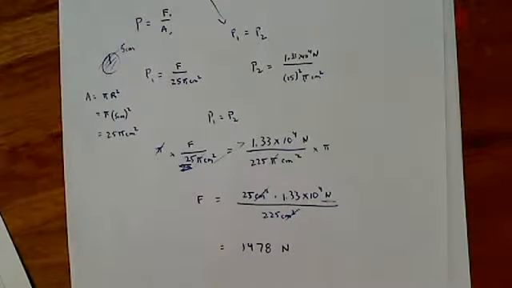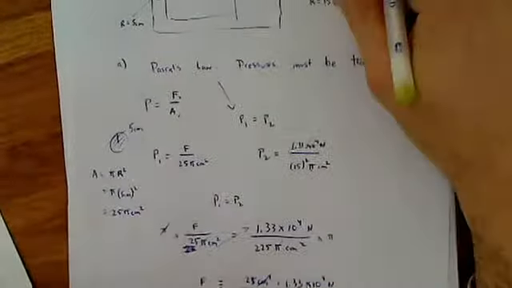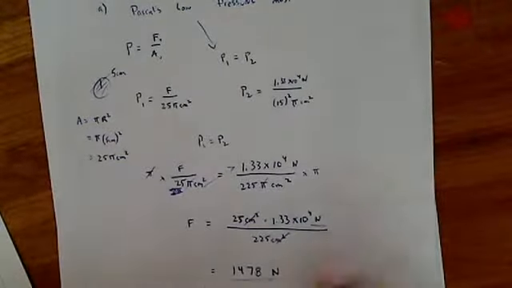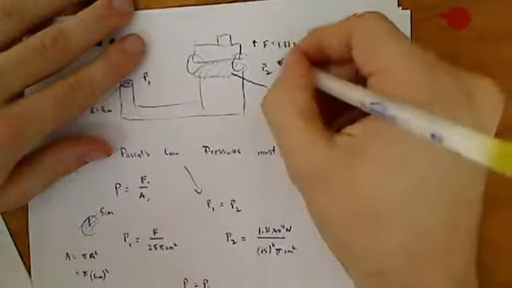All right. Now, this is a very important result. Look what we did. We applied this much force. If you apply that much force over here on this piston, you're going to get this much force. Now let me write this.